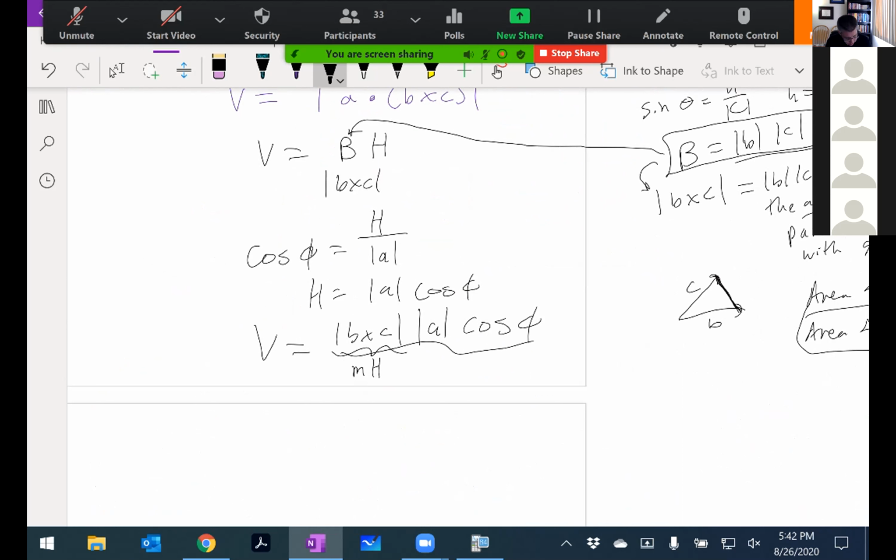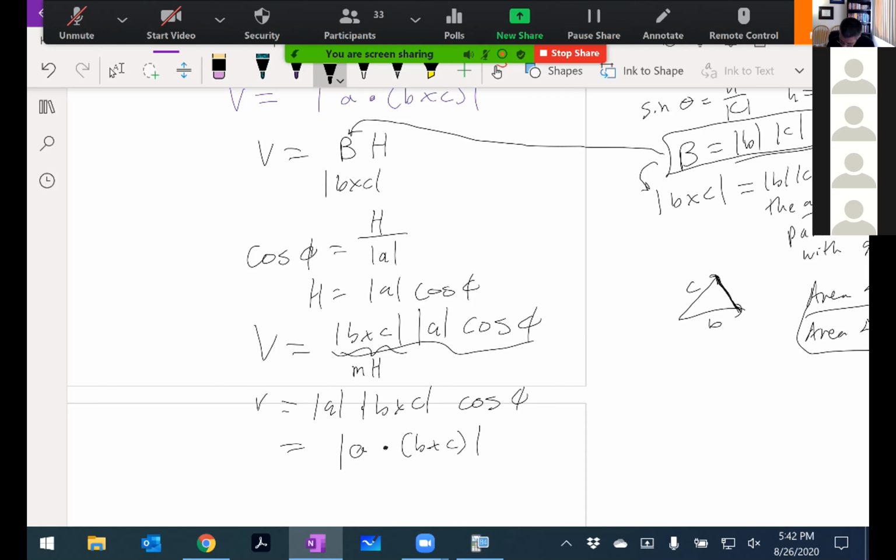This is the magnitude of A times B cross C, cosine of the angle between the two, is equal to A dot B cross C, the magnitude of that.